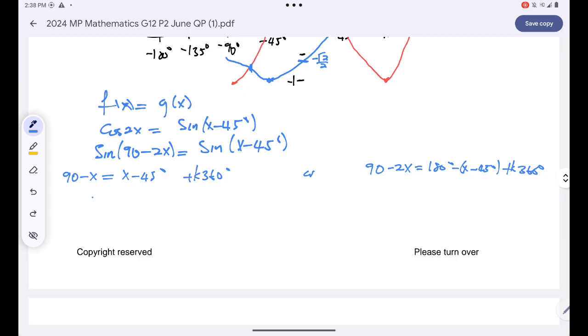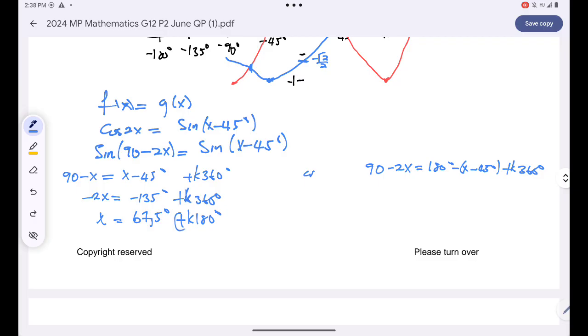And then I just need to solve here. On the left hand side, I'll have negative 2x being equal to negative 135 degrees plus k 360. And then if I divide by negative 2, I'll have x is equal to 135 divided by 2. This will just give me 67.5 degrees plus k 180 degrees.